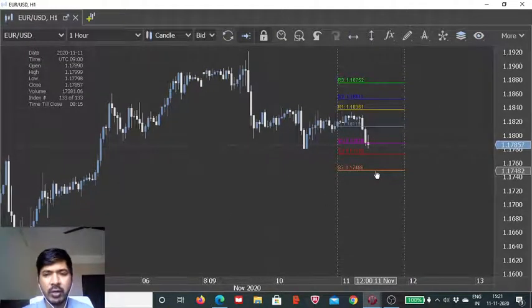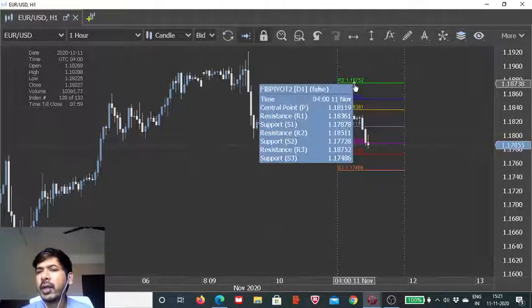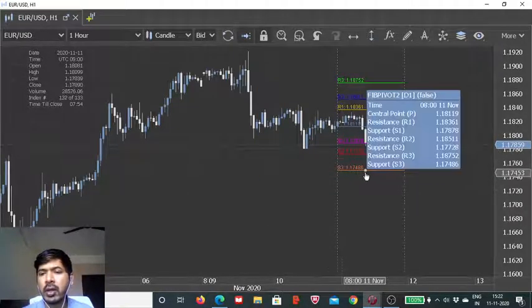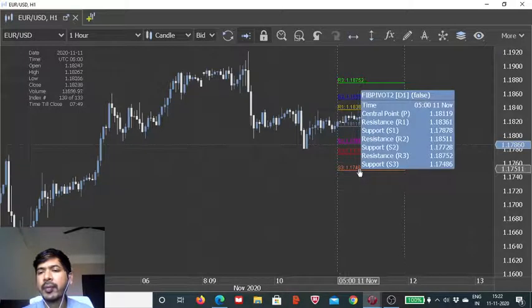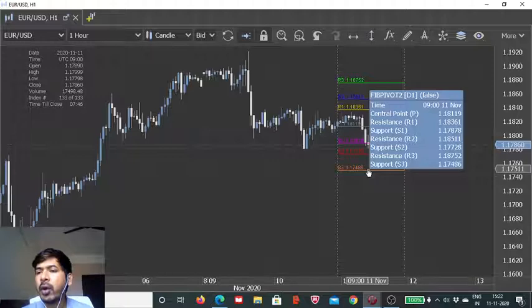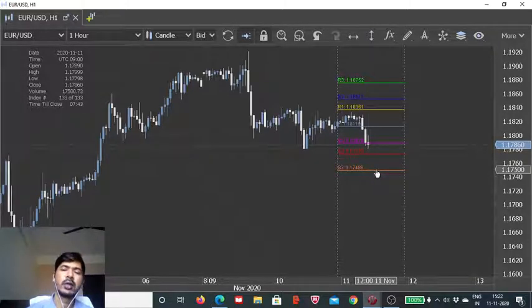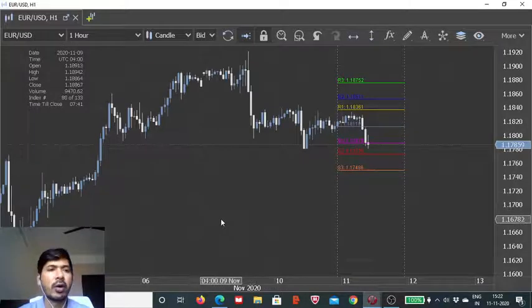This is being plotted for the daily time frame, and on the daily time frame we have the central pivot point around 1.181, whereas all these 3 resistance levels are on the upper side, heading all the way till 1.187, and on the lower side we have these support zones, and the last of these, support 3, is at 1.1748. So this is the indicator's plotting on the EUR/USD chart for the hourly time frame.